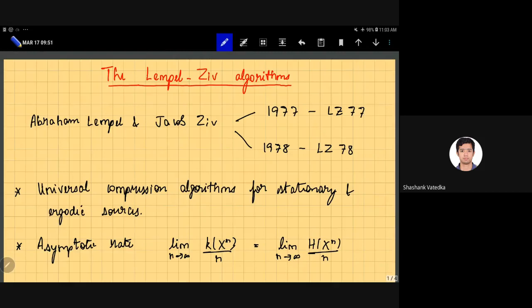Okay, so in the past few classes, we've seen different compression algorithms. We first looked at optimal compression algorithms for IID sources.